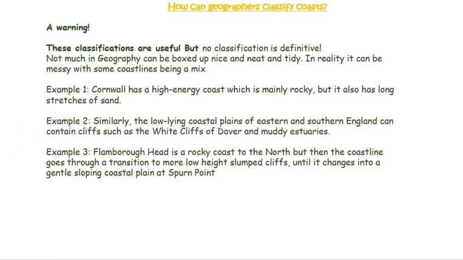Why does it switch from resistant geology to very soft geology, and then it changes again where it's really gently sloping and flat when you get to the southern part of the Holderness coast, where you get a depositional landform in the form of Spurn Point. So if you get a photograph in the exam, just say what you see basically, and explain it using your understanding. Don't be scared to make suggestions.